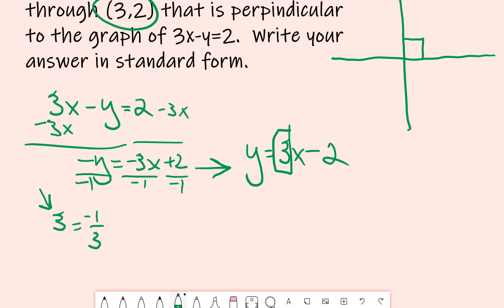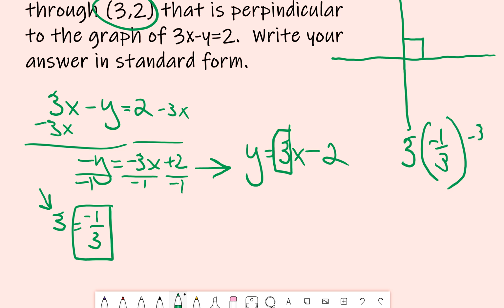This will create a line that's perpendicular to this line. I want it so that when I multiply the two, it equals negative 1. So again, 3 times negative 1/3 equals negative 3 over 3, which equals negative 1. So it works.